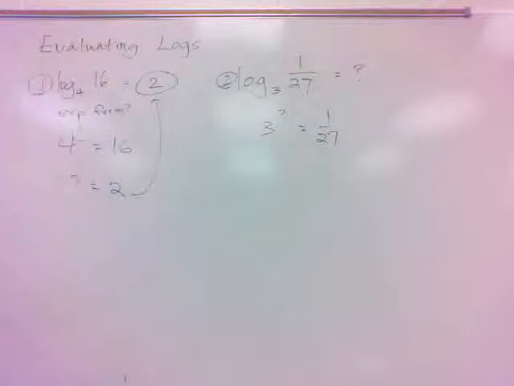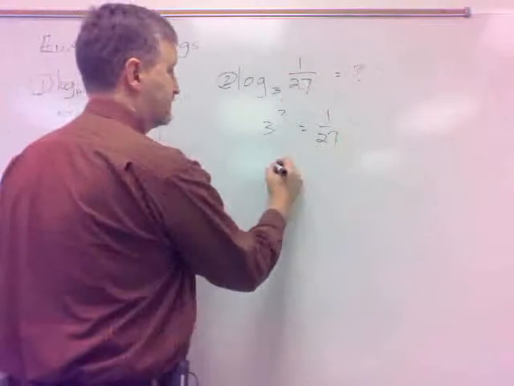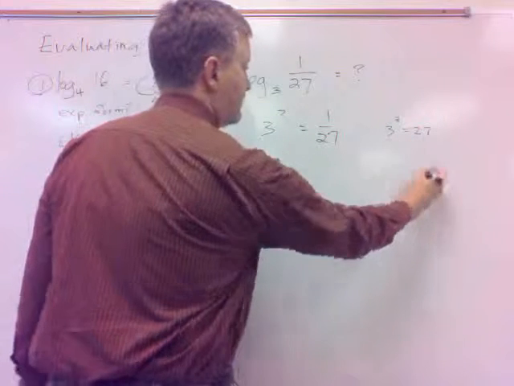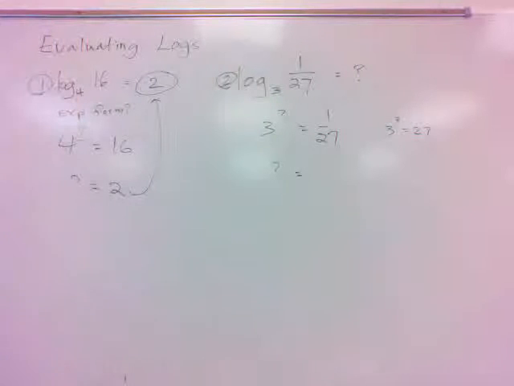Well, I know that 3 to the third power gives me 27, but how am I going to get 1 over 27? Not 3 to the third; 3 to the third is 27. How am I going to get 1/27? Do a negative 3, yeah.